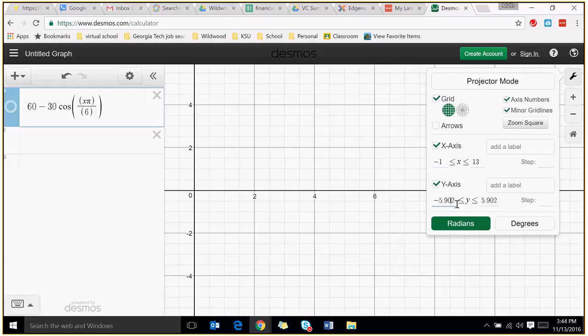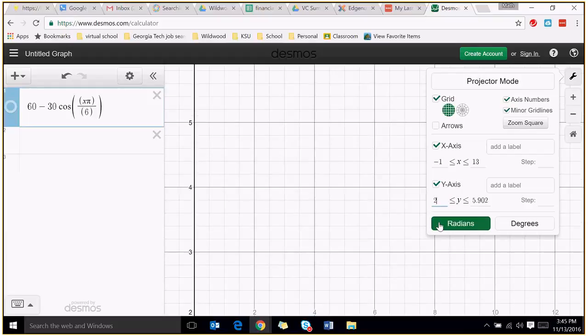The next thing is your y value. What do you think your lowest y value should be? 30? We could do 30, but we might want to do 25 simply because we want to be able to see below it.